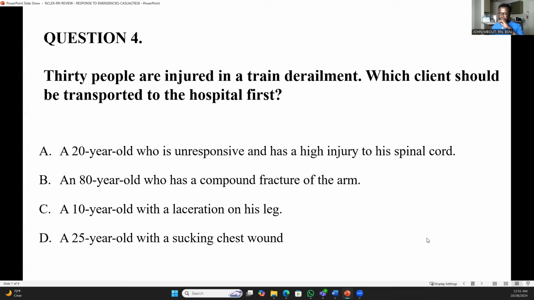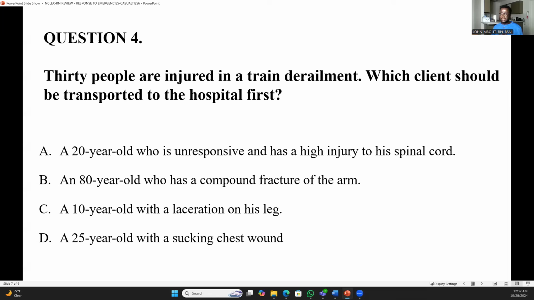Question 4. 30 people are injured in a train derailment. Which client should be transported to the hospital first? A, a 20-year-old who is unresponsive and has a high injury to his spinal cord.